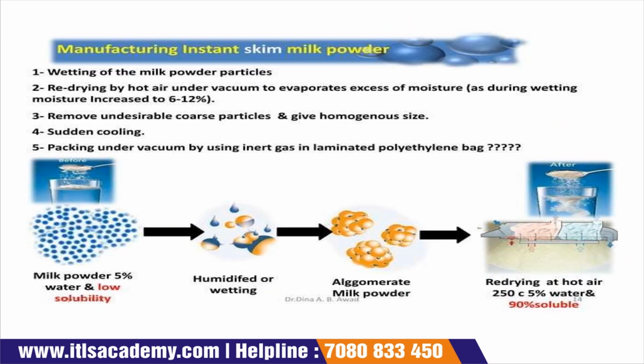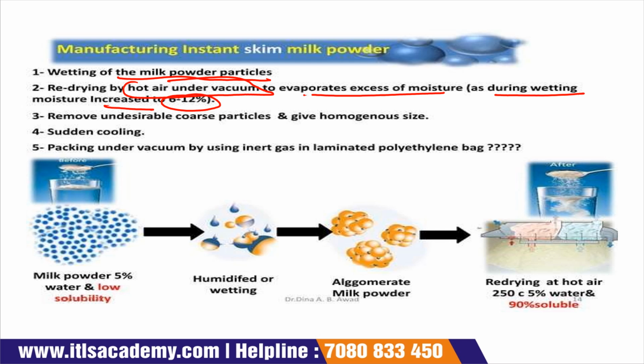Manufacturing of instant skim milk powder, how do we prepare it? For that we require wetting of the milk powder particles, then redrying by the use of hot air under a vacuum, so that it will evaporate the excess moisture, as during wetting the moisture increases to 6 to 12%.